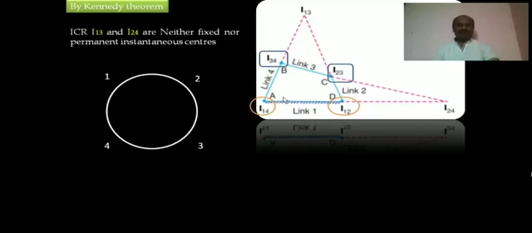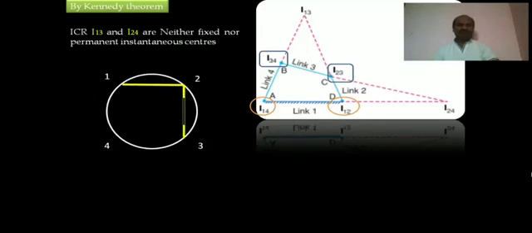I need to join the points. If I join 1, 2, it gives a line, and that line represents the ICR which is known. I12 is known, so I have joined points 1 and 2.